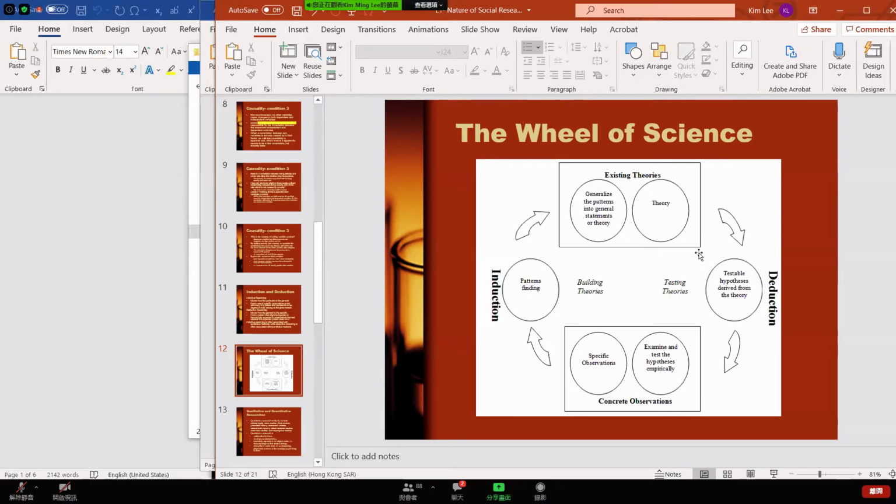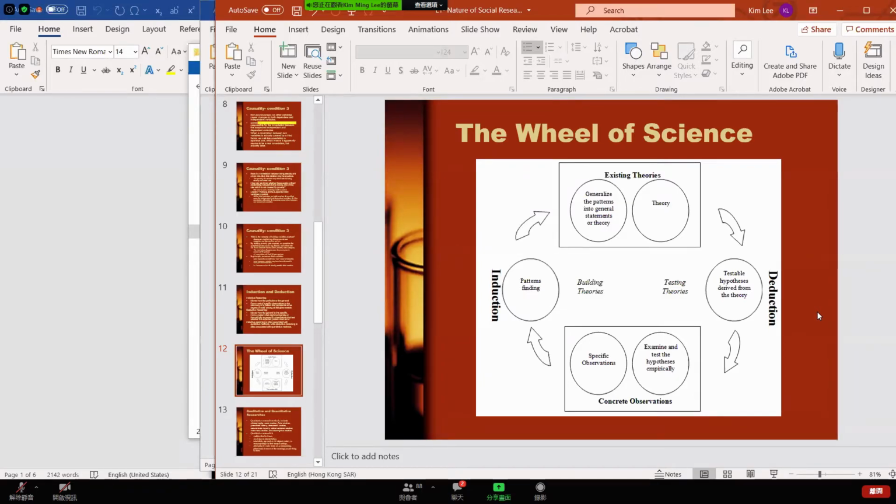So this is deduction, right? From general to particular. For example, I want to study Hong Kong. That theory, that education gives rise to political participation, applies in general to the whole world, not just Hong Kong, but also the United States, also mainland China, maybe also Taiwan and Europe.